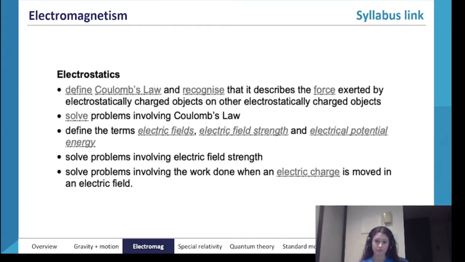So, getting on to our review of electromagnetism. We're going to be going back over electrostatics.